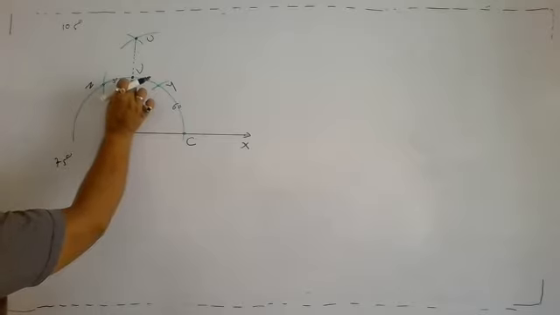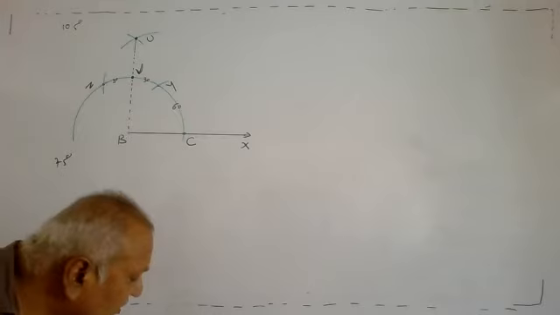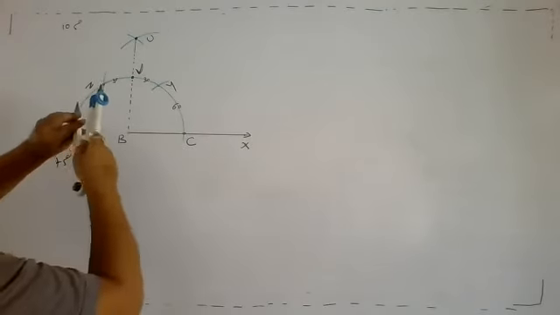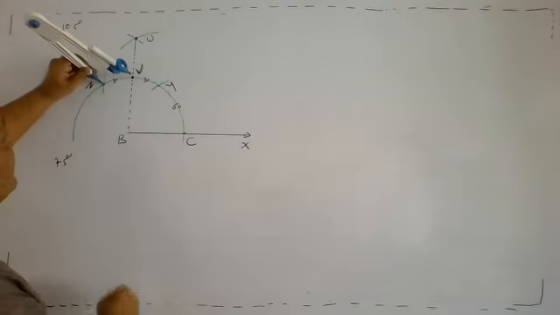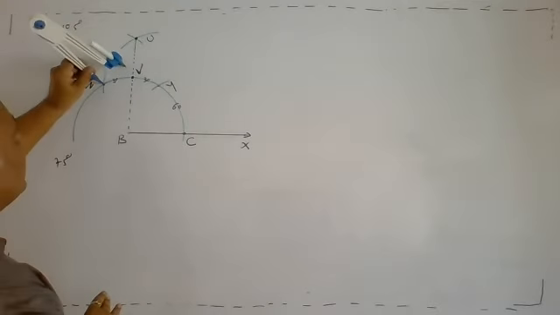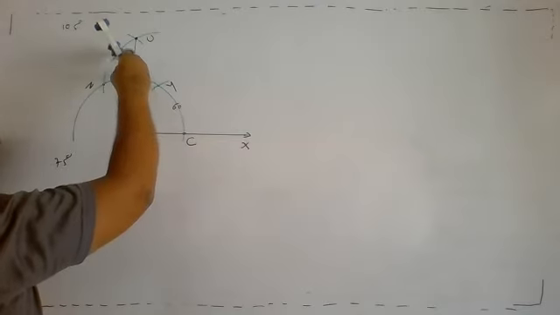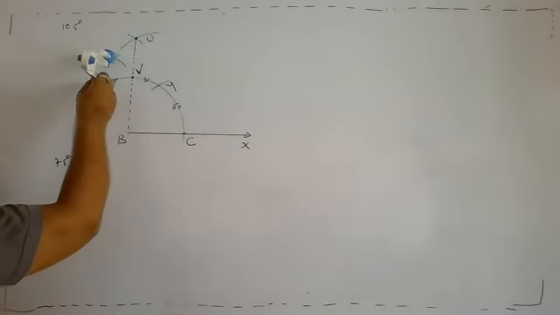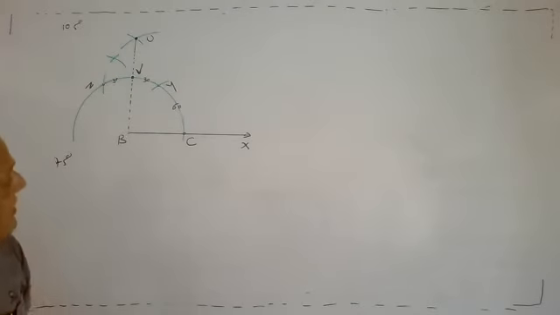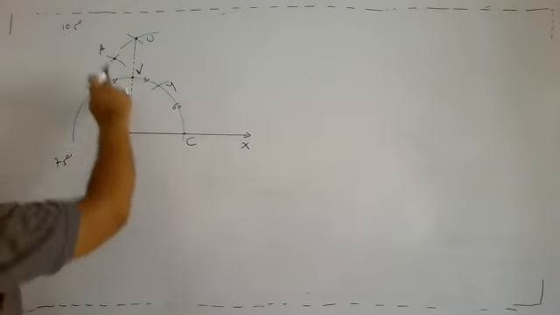So we have to bisect V and Z. For that purpose, we should take more than half of VZ, and draw an arc from Z and another arc from V. Where both the arcs meet, we give the name A. Now join BA.